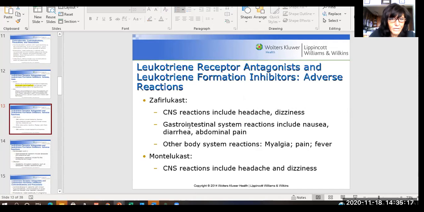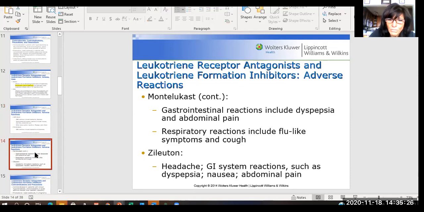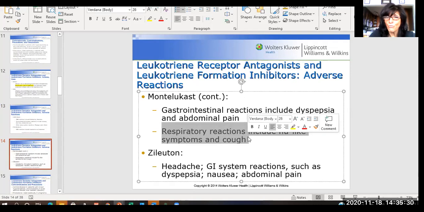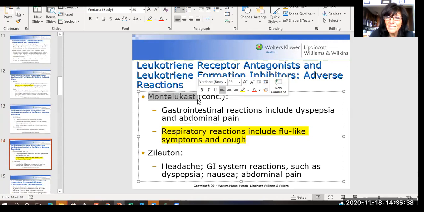We're not going to get into zafirlukast, but montelukast, headache, dizziness, you know, not that big a deal. Let's see, GI problems. This is the one. For montelukast, people can get respiratory reactions from this that look like the flu. So if the patient starts taking montelukast and they start feeling lethargic, they get this cough, malaise, achy, could be a side effect of the drug.